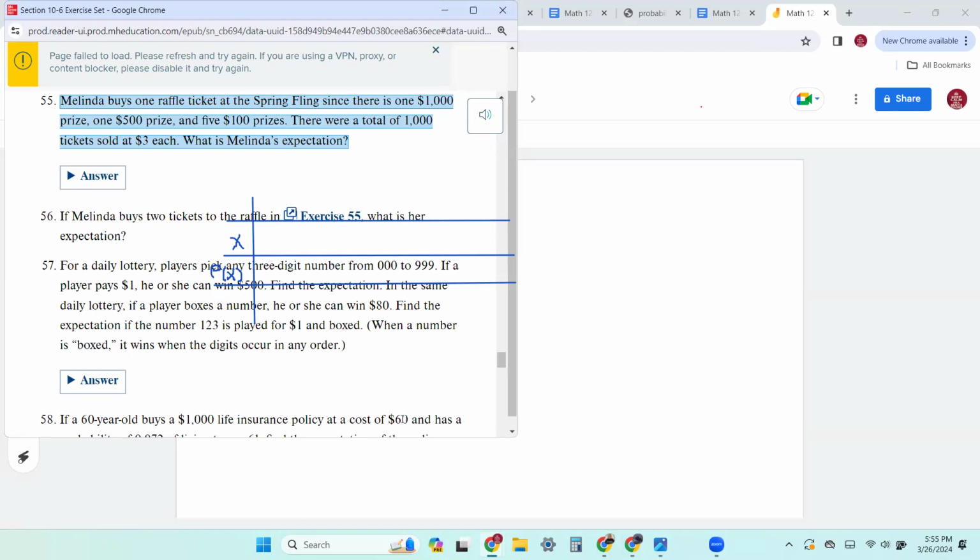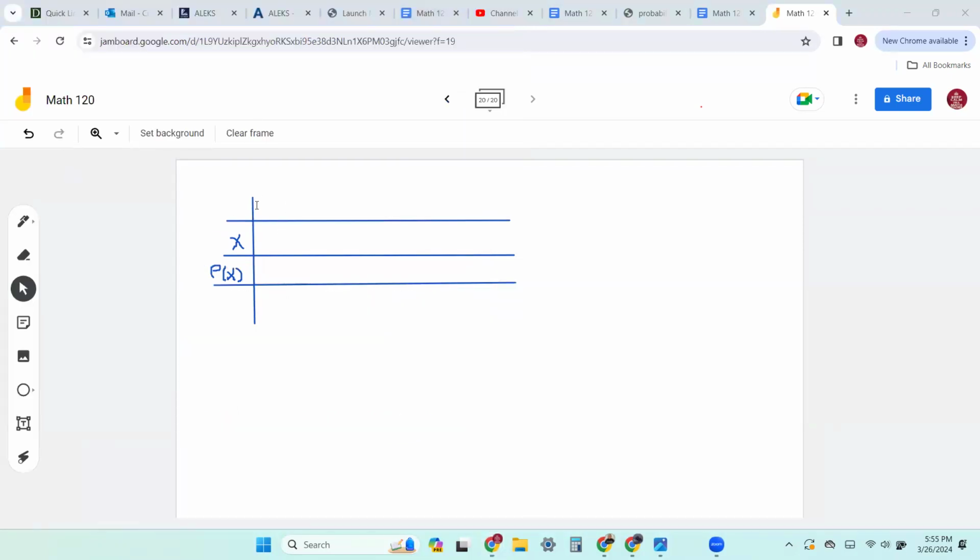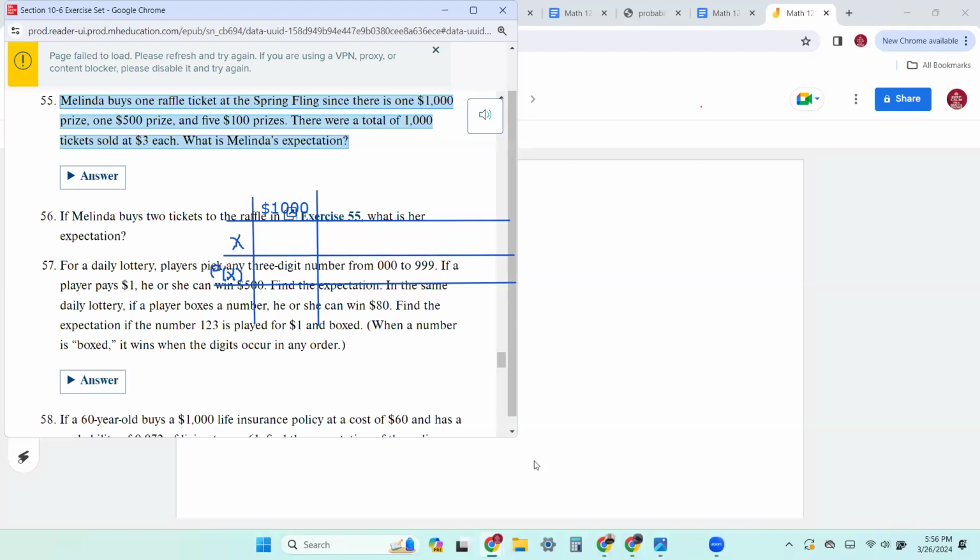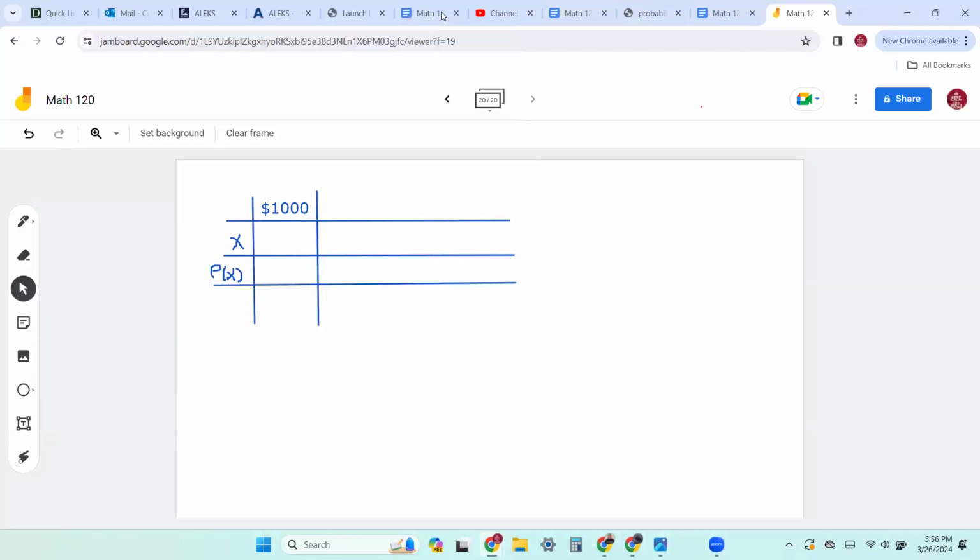There is a $1,000 prize, a $500 prize, and a $100 prize. So 1,000, 500, and 100.